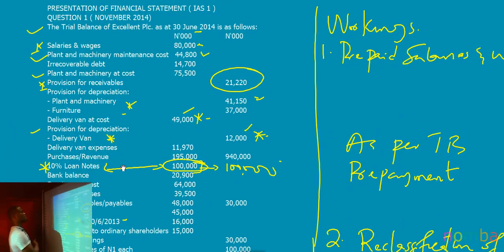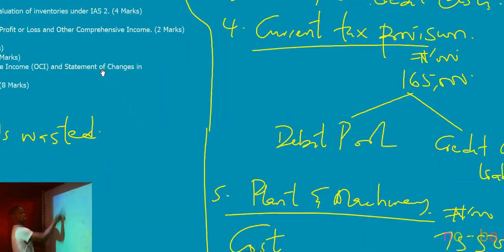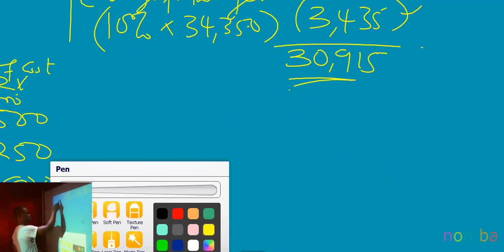Apart from the plant and machinery, another asset I can see here is furniture. I can see the provision for depreciation, but I need the cost of the furniture. And the cost of the furniture was 64,000, right?